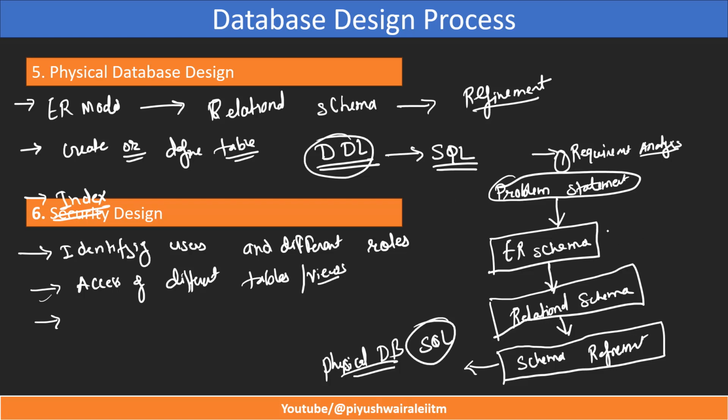We are going to discuss the ER model, and the relational schema also comes under the ER model. Schema refinement comes under normalization or normal forms. This is also part of our syllabus, right? And physical database design deals with SQL, data types and integrity constraints.